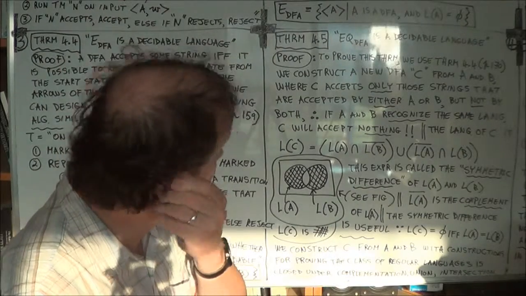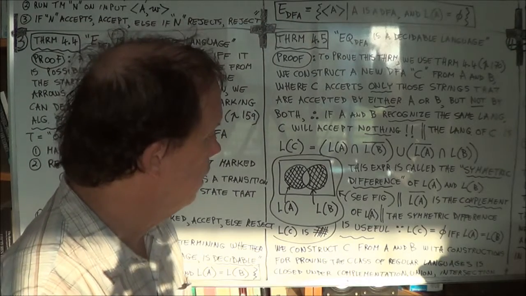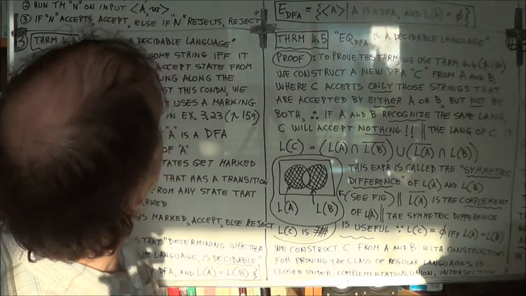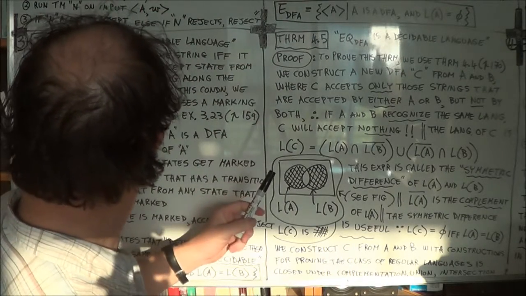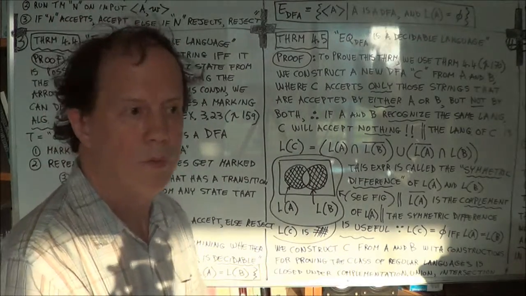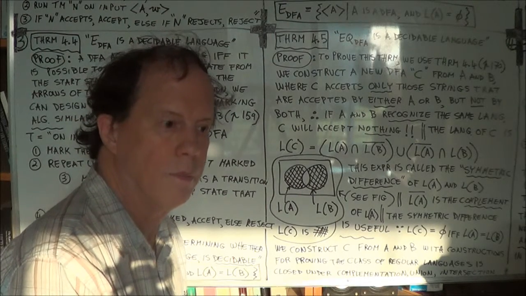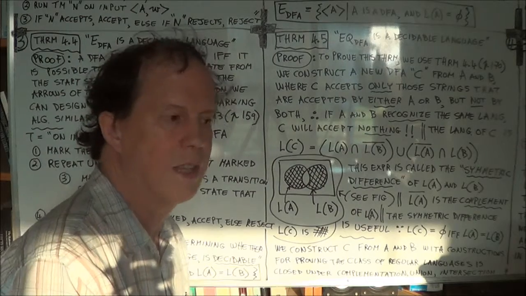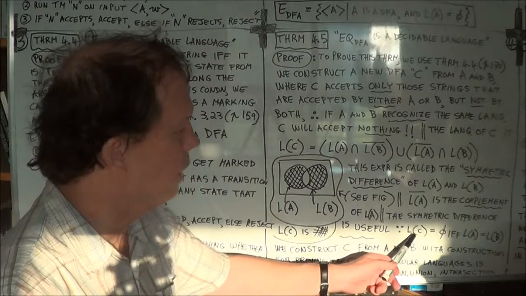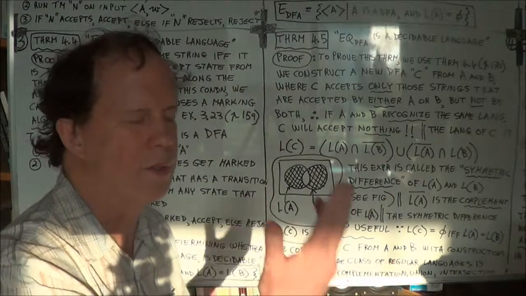Okay. And then we will use the theorem, 4.4, the proof that there's a DFA that can recognize no string, whose language is in fact just the empty set. We'll test it on this language, L of C, to see if it's the empty set.